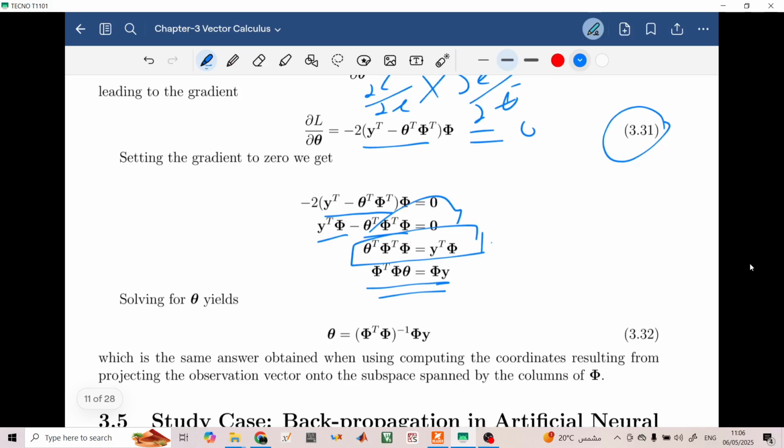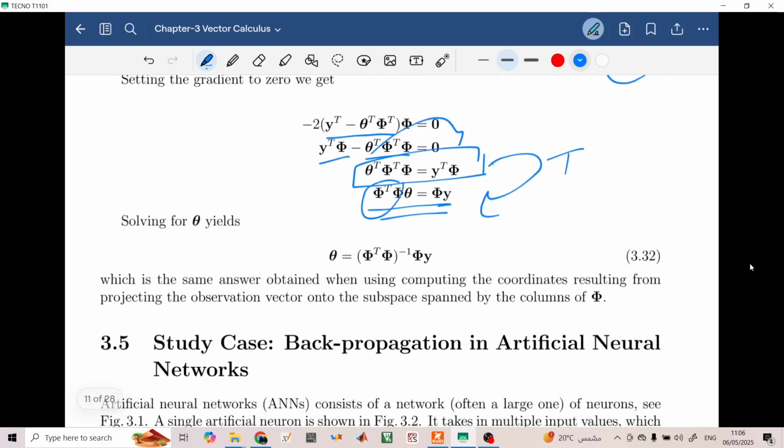Then this is a matrix and this is a vector. You multiply by the inverse, of course, and you get this. Of course, phi should be full rank. Otherwise phi transpose phi will be rank deficient, and it will not have an inverse. So this is the final result.